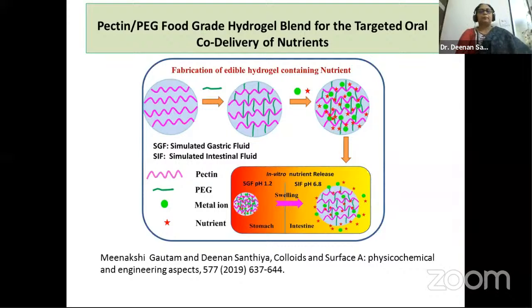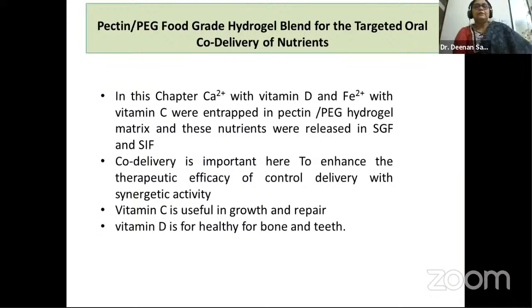In this, we are going to concentrate on calcium 2+ co-delivered with vitamin D, and iron ions with vitamin C. These two are entrapped in the pectin-PEG hydrogel matrix, and we are going to study their in vitro release in SGF, simulated gastric fluid, and simulated intestinal fluid.